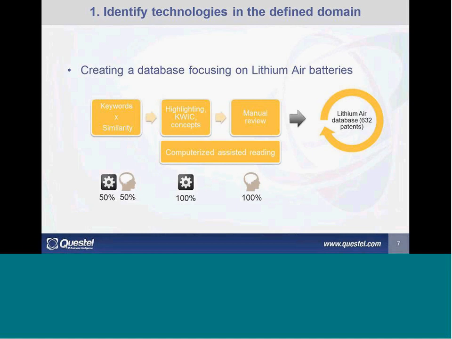Well, here, a similarity search followed by a keyword search related to the topic will need to be run. From here, we retrieve a first large and unspecified set of patents. The second step consists of computer-assisted reading, which combines word highlighting, keyword in context, and concepts.